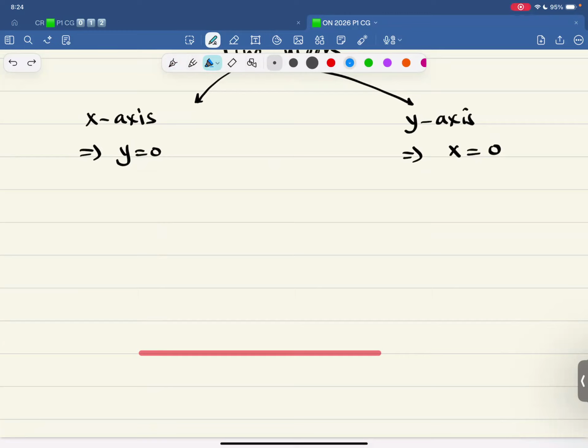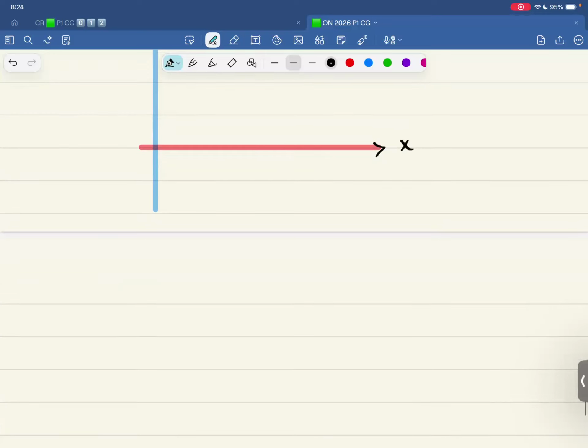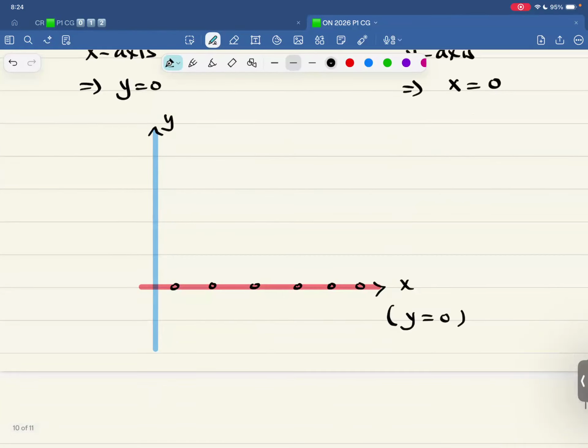No, not this one. Okay. So now over here, this is the y-axis and this is the x-axis. The equation of the x-axis is y equals 0 because all along the line, the y coordinate is 0. The equation of the y-axis is x equals 0 because all along the line, the x coordinate is 0.